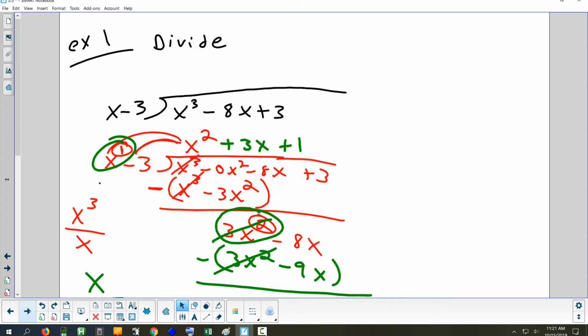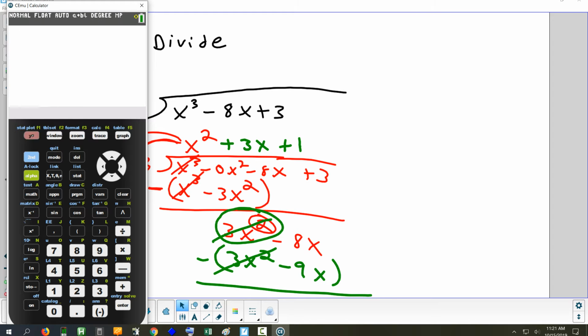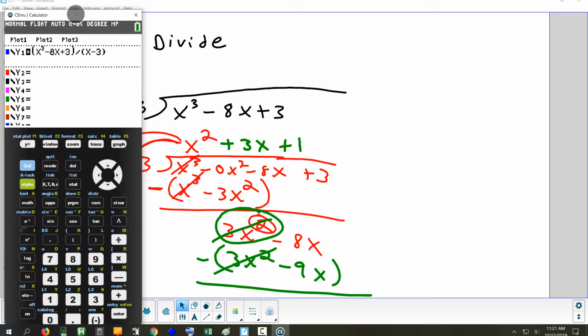So let's take a look. The original problem was, probably going to need parentheses, so just keep that in mind, x cubed minus 8x plus 3 divided by x minus 3. That's the original problem they wanted me to do.